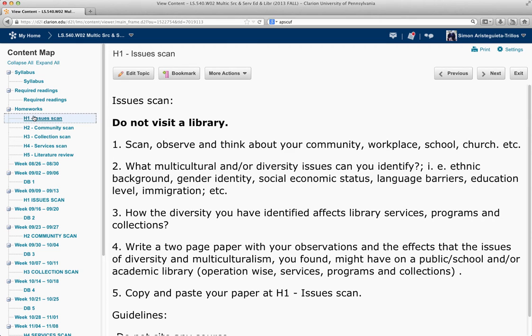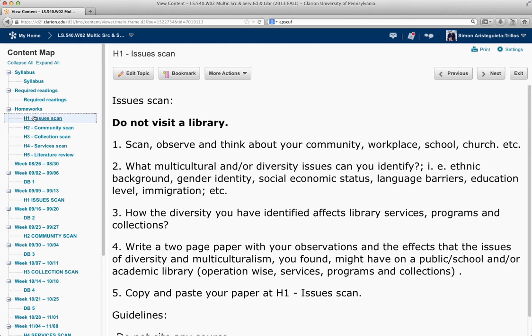And see what issues you can identify. And I put some examples here: ethnic background, gender identity, social economic status, language barrier, education level, immigration, etc. What issues can you identify in your community? Be it religious identity, religious affiliation, what issues can you identify in terms of your community?